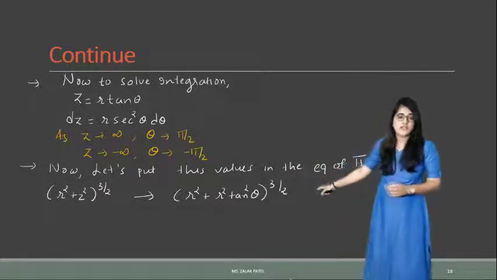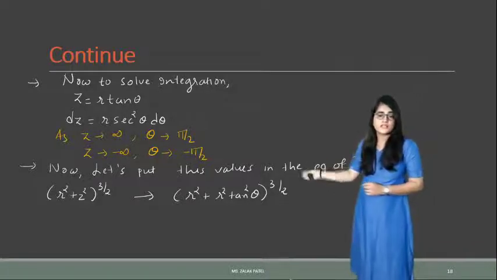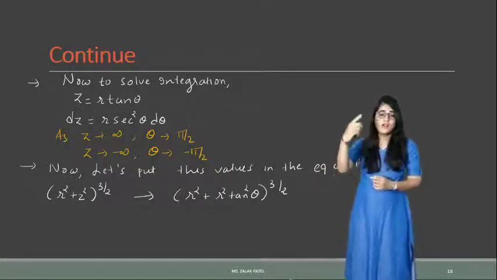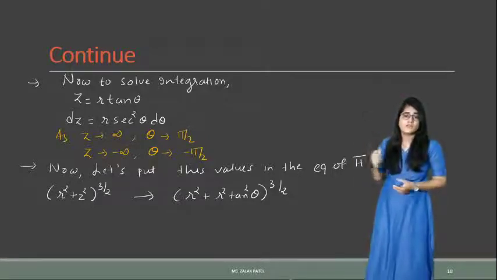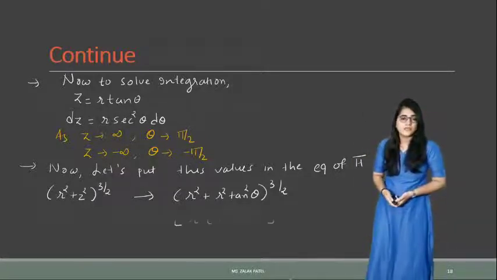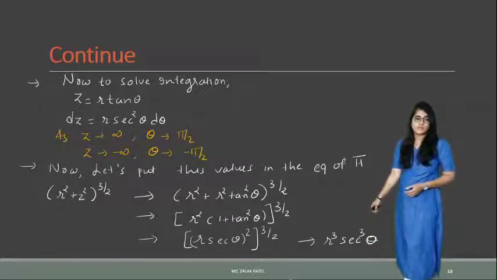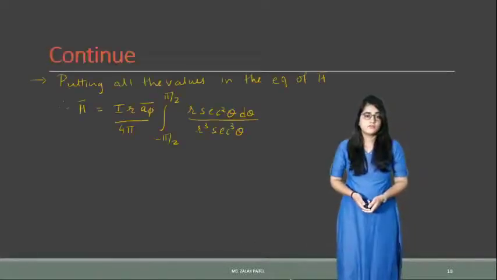In this expression r square is common, so it comes out of the bracket: r square into 1 plus tan square theta. 1 plus tan square is nothing but sec square theta, but it has a power 3 by 2. So sec square theta raised to 3 by 2 becomes sec cube theta, like this: r cube sec cube theta. Now we have the denominator, so let's solve it further.